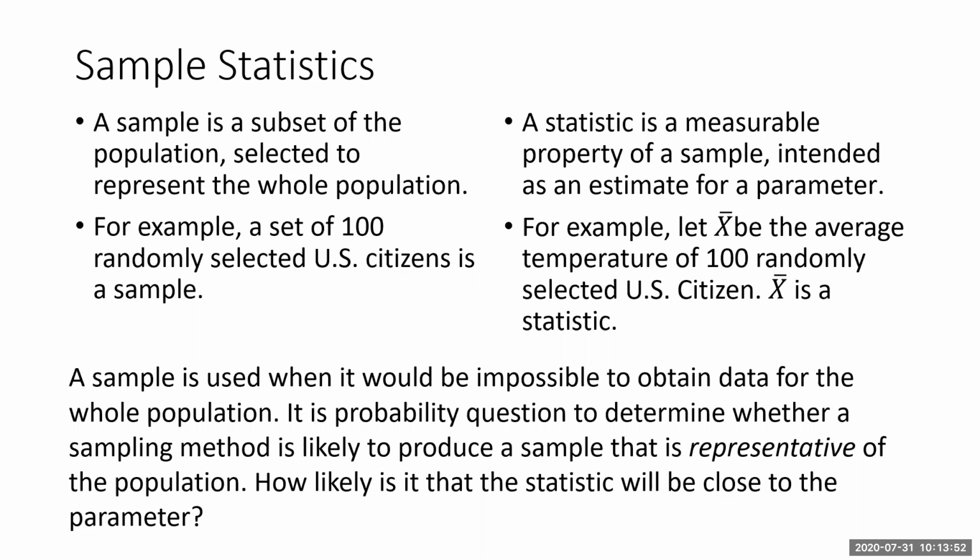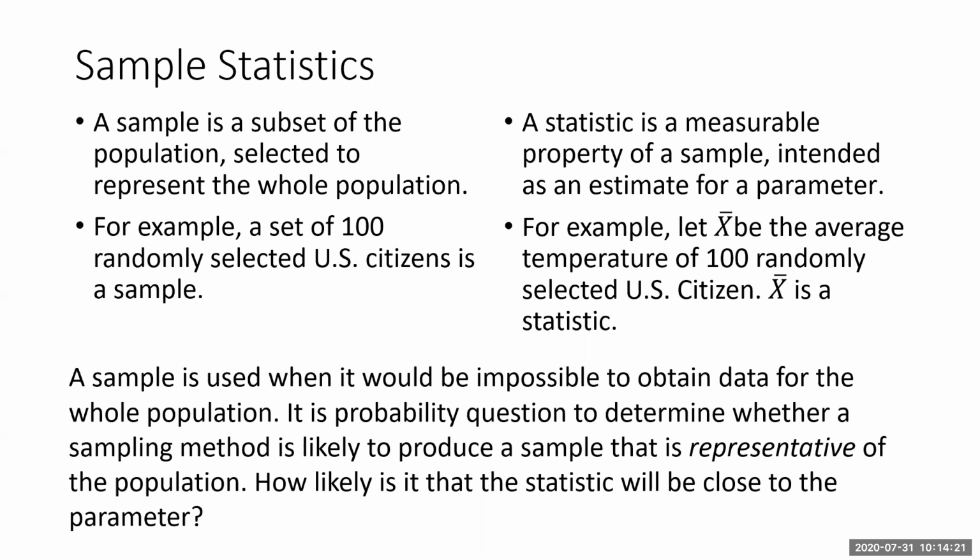Now, what do I mean by to represent the whole population? I mean, what I'm hoping is that maybe I could get the average temperature of just these 100 individuals, the sample mean, and maybe that might be close to the true population mean.